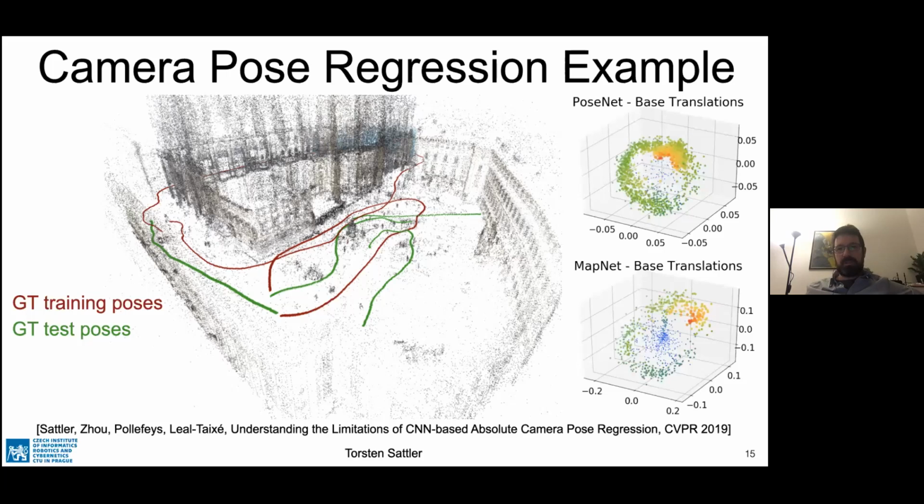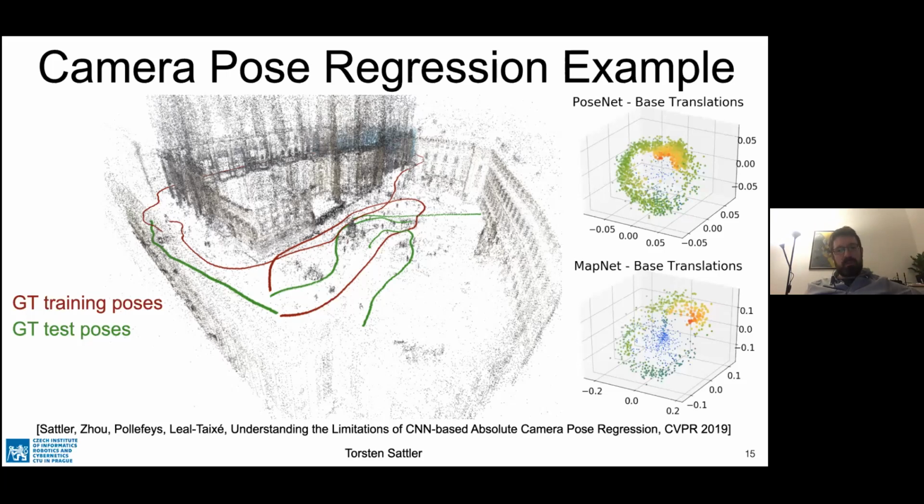If you visualize the position part of the base poses, this is for two networks, then you see that in both cases, the network has learned to place base poses roughly in a circle, which corresponds to the trajectory around the cathedral. And here, the color coding is base poses that are often part of training poses have a warmer color.